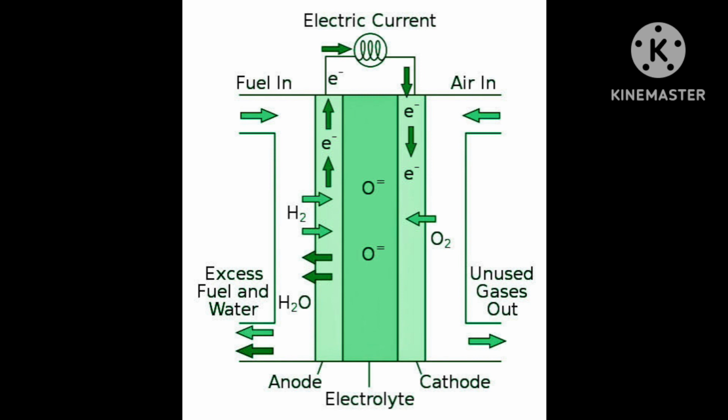Here in this fuel cell, now I am talking about what is happening: near the electrodes, fuels will be sent to the anode, and near the cathode continuously fuels are sent, correct?